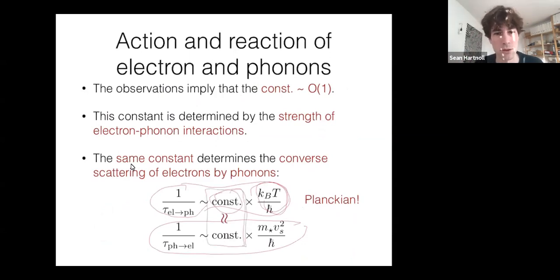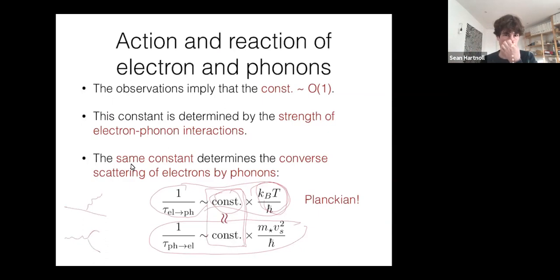I'm not talking about factors of 2 and so on, which hopefully is plausible, because it's the same electron-phonon coupling. If an electron scatters a phonon or a phonon scatters an electron, it's the same interaction. It's different diagrams: one is the electron emitting a phonon, or the phonon decaying into an electron-hole pair.